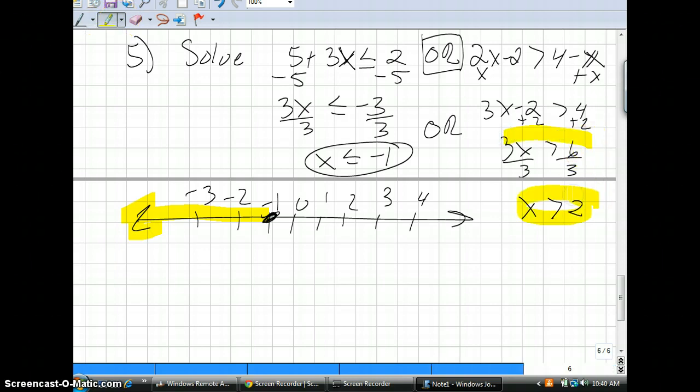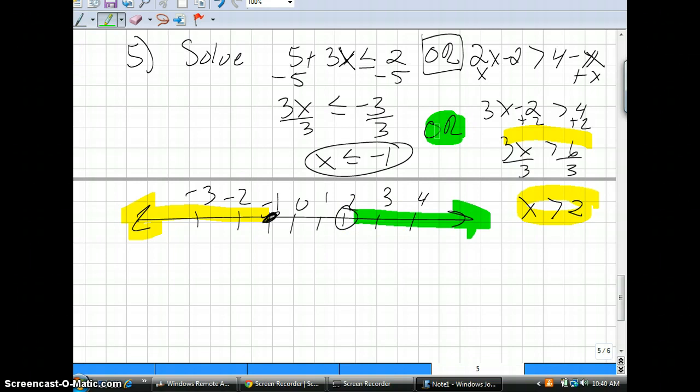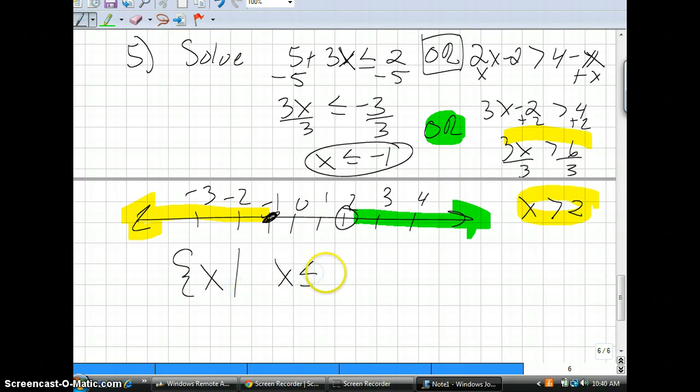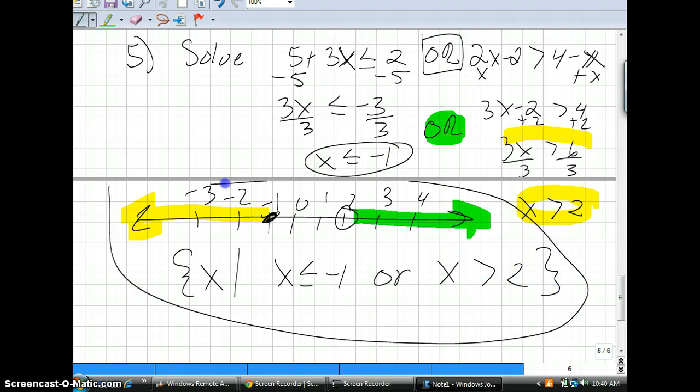This says x greater than 2, so open circle here and an arrow going this way. Because it's an or, then the answer is just what the graph says. So it's all x such that x is less than or equal to -1, or x is greater than 2. So this would be our solution.